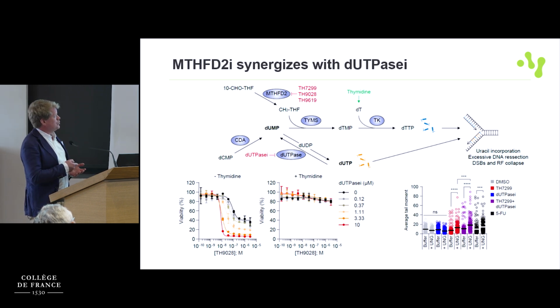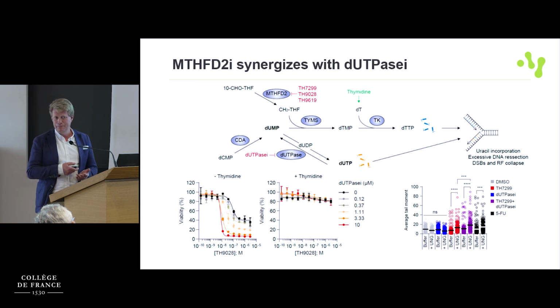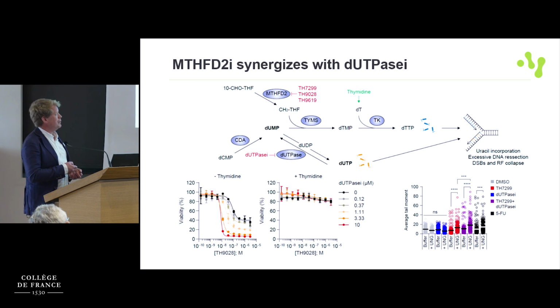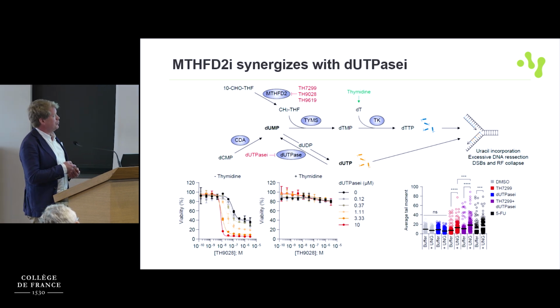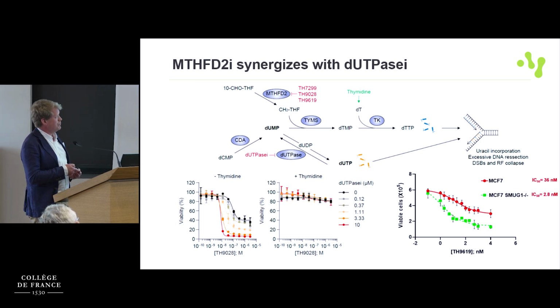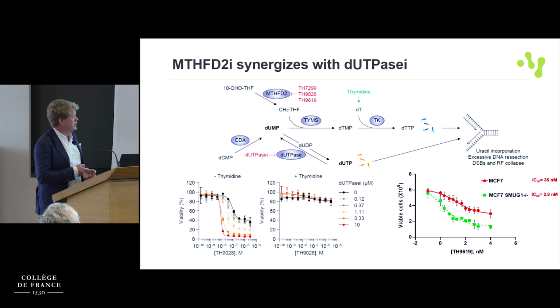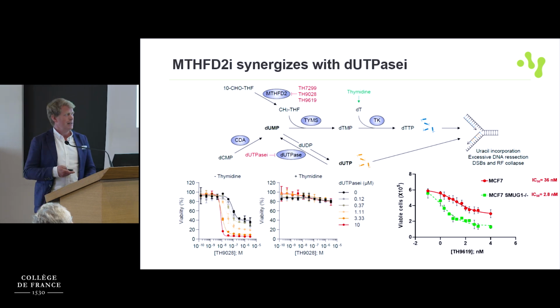Is it because of loss of thymidine, or is it because of incorporation of uracil into the DNA? So we could test that by looking at the protein involved in repair of uracil in the DNA, which is SMUG1. So if we knock out SMUG1, we can see that these become even more potent. And so indeed, the incorporation of uracil into the DNA is very important for the mechanism of action.